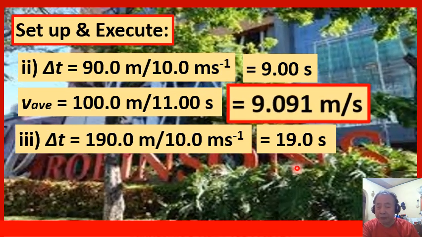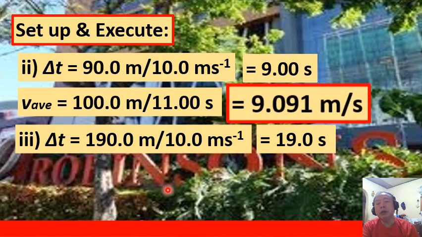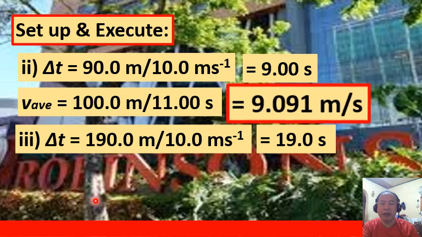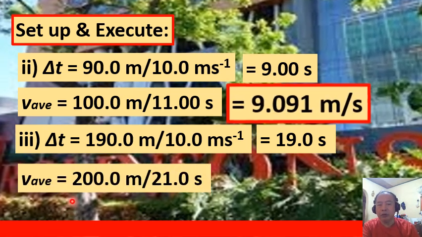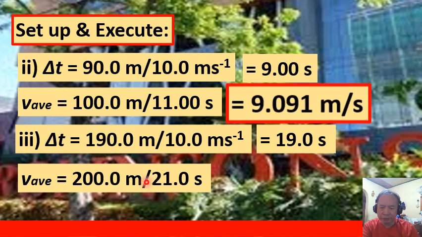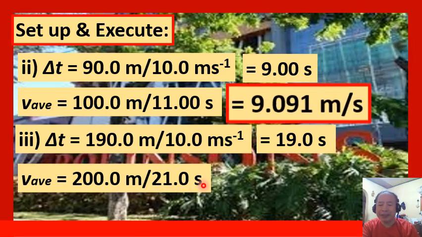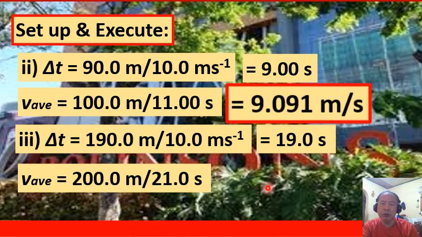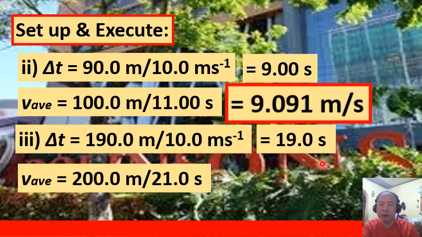So moving on to finding the average speed of the sprinter for this event, we get the average speed equals 200.0 meters divided by the total time, 21.0 seconds, right? Again, we added the first 2.00 seconds to 19.0 seconds.